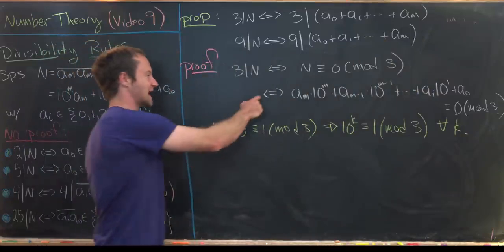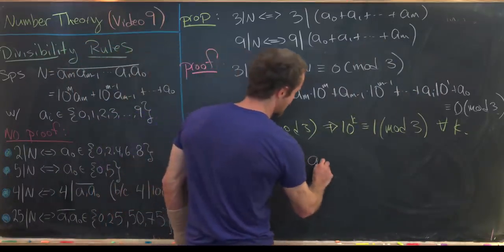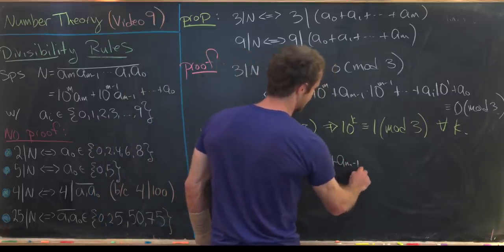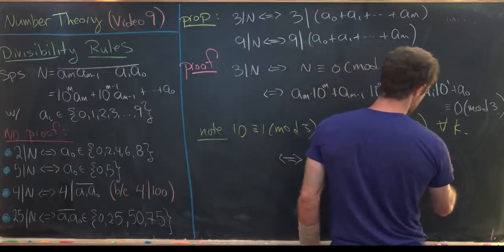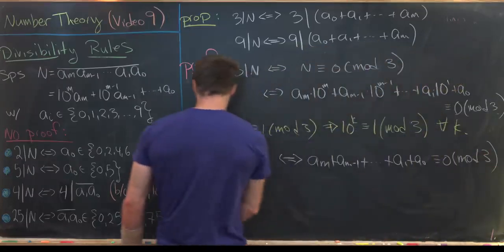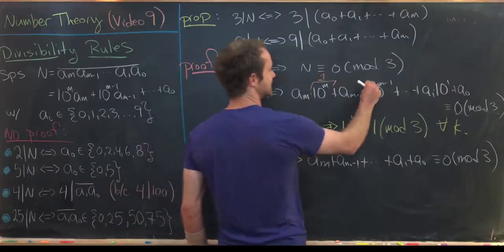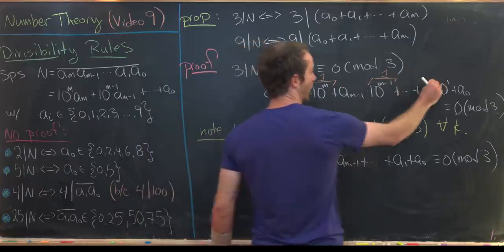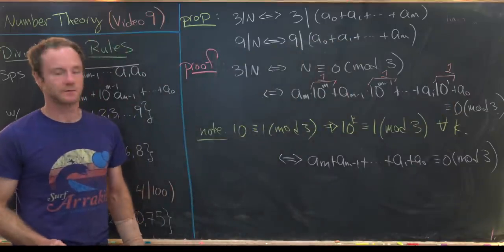Okay. But that means our statement up here is equivalent to saying that a_m plus a_{m-1} plus all the way down to a_1 plus a_0 is congruent to 0 mod 3. And that's because we did this reduction where we replaced all these powers of 10 with 1. Again, from our observation here, which is in yellow.